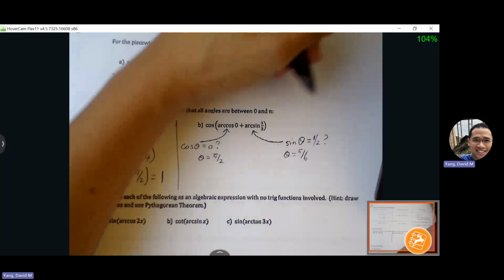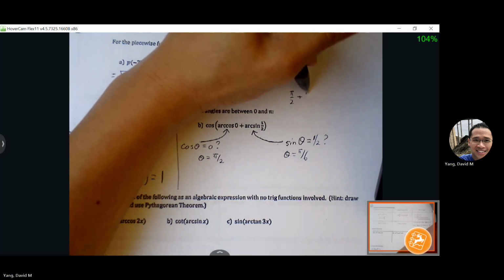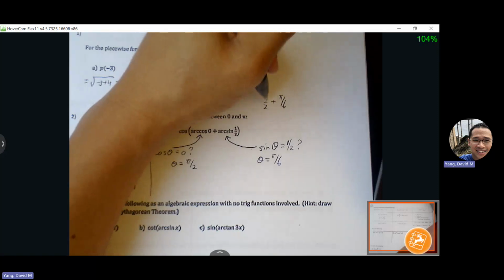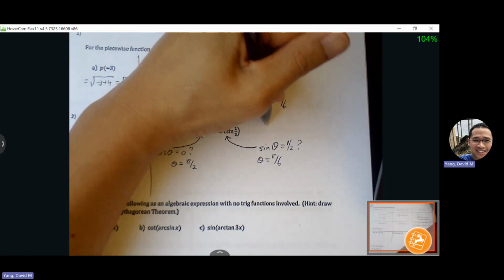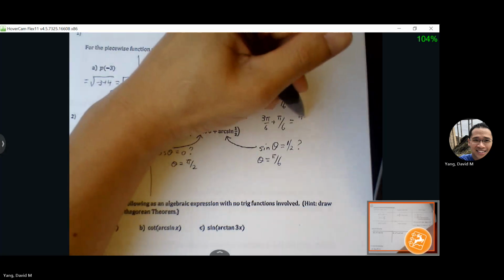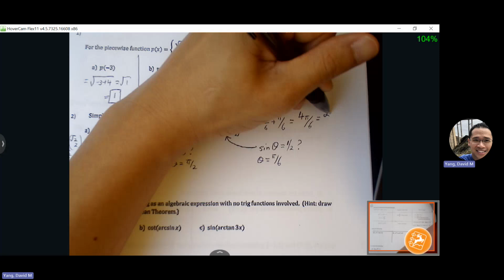So pi over 2 plus pi over 6, let's do that to the side. I do need common denominators, right? So common denominator is 6, so pi over 2 is the same thing as 3 pi over 6. Which is 4 pi over 6, which is 2 pi over 3.